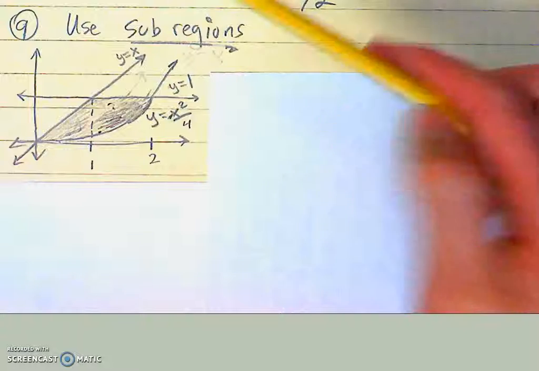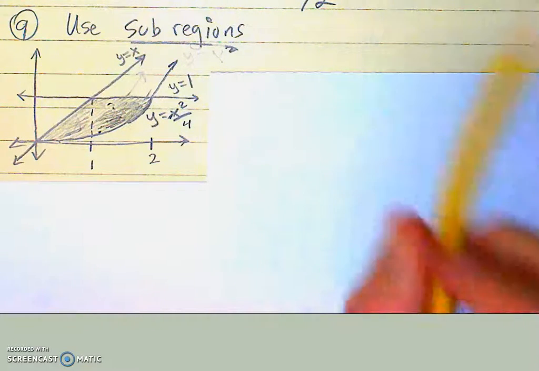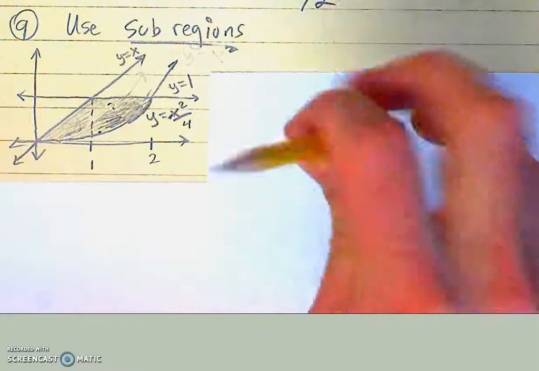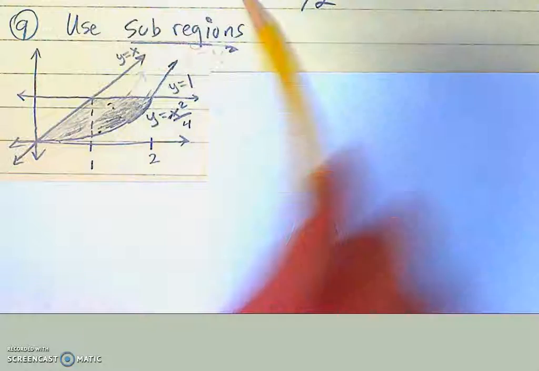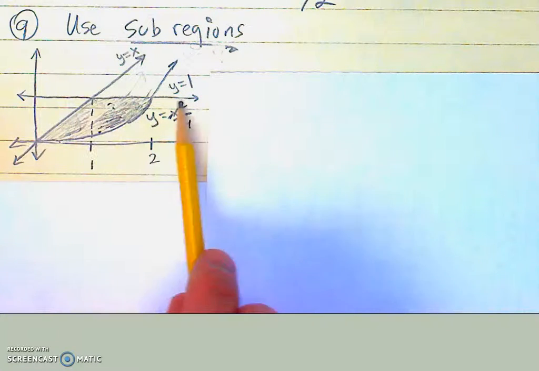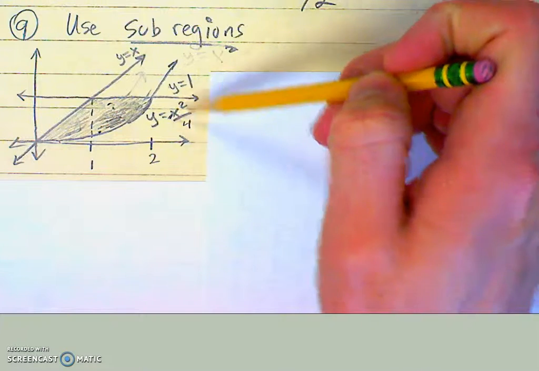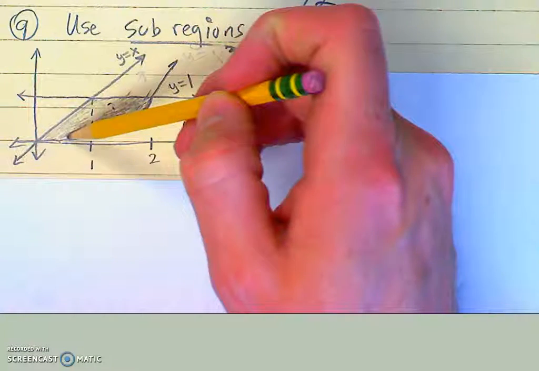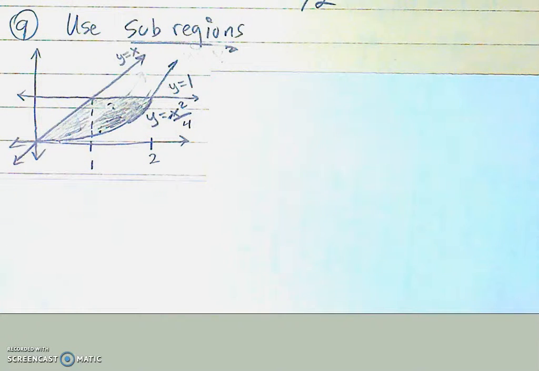In this case, we have 3 functions that are involved here, so we have the function y equals x, then the function y equals 1 takes over, and then the function y equals x squared divided by 4 is actually used in both. It is that lower function right here. So take a second and sketch this out pretty well.